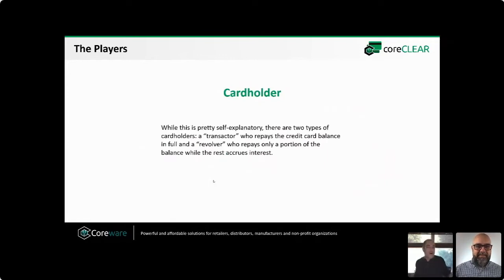Let's break it down more. First, the cardholder, which is the customer, is pretty self-explanatory, but in the general world of credit cards, there are 2 types of customers: a transactor and a revolver. We're not talking about the firearm revolver, which many of you on this webinar handle, but a revolving credit card.